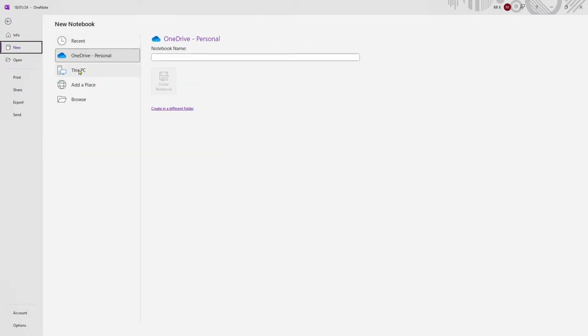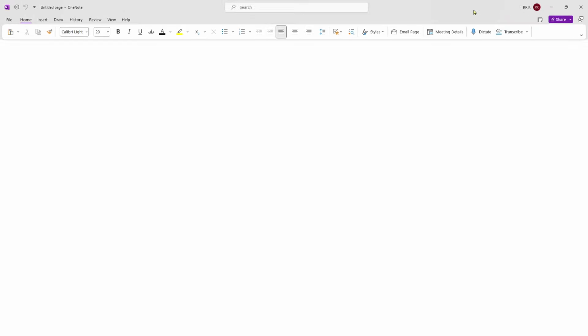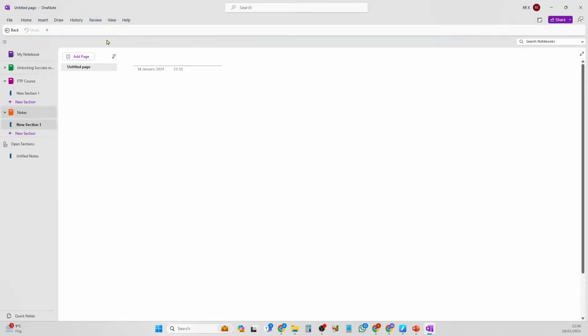So once you have OneNote open, just name a notebook, notes, create a notebook. Okay, so in the normal view, you can now see the notes has new sections, and every section can have any number of pages.